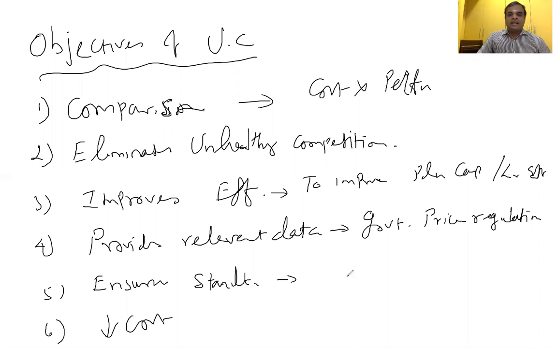Then, standardization: if all the companies in the same industry follow a uniform pattern, that will help us to reduce the cost. It helps to reduce production overhead, administration overhead, selling and distribution overhead, and optimization of fixed cost is also possible by way of learning from others.